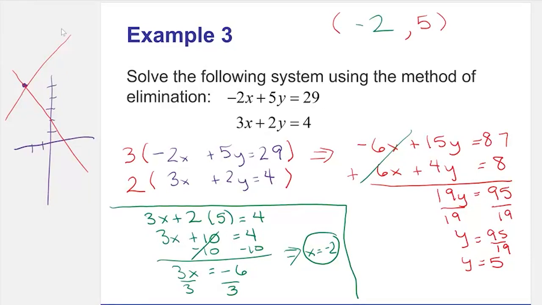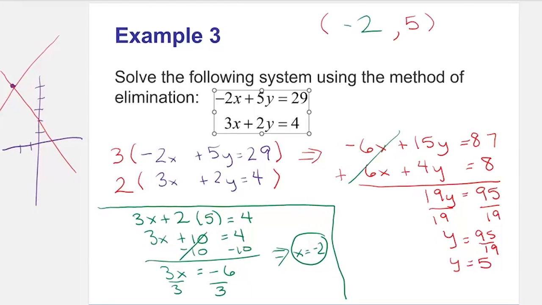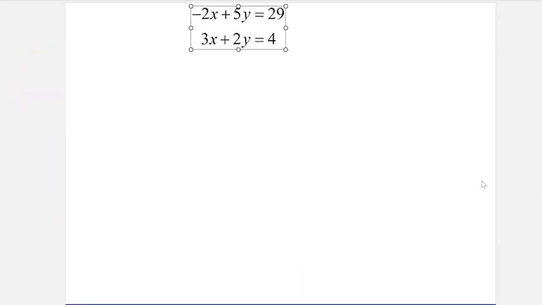Let me copy this. Let's do the exact same thing, but now I'm going to eliminate y first, okay? So again, I start with minus 2x plus 5y is equal to 29, and 3x plus 2y is equal to 4.